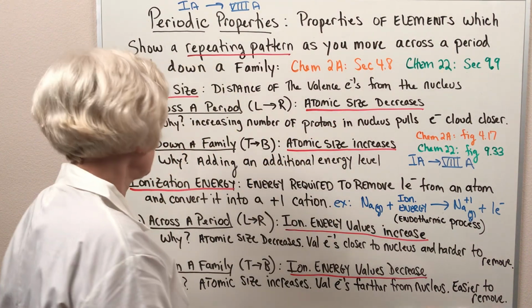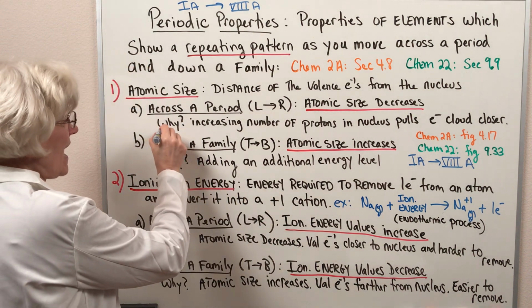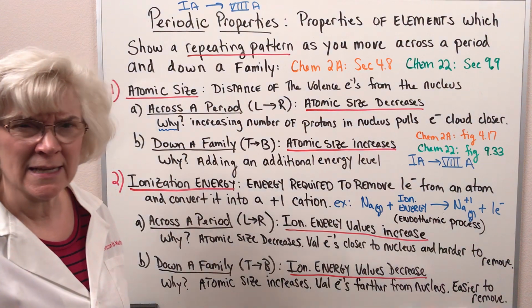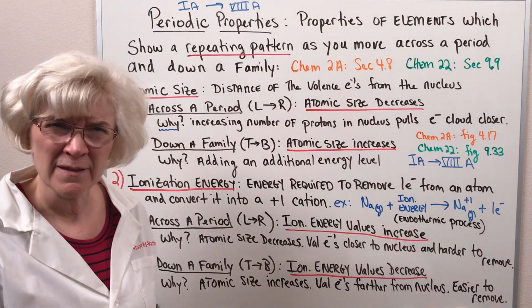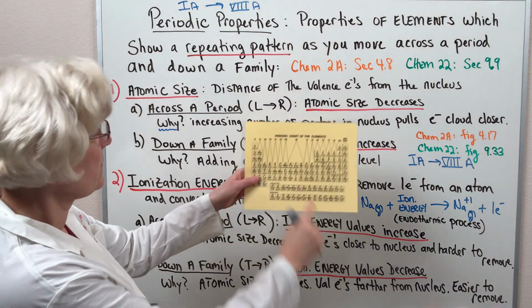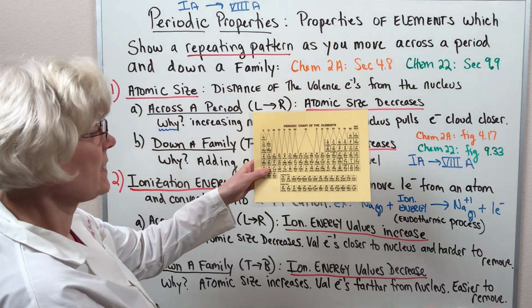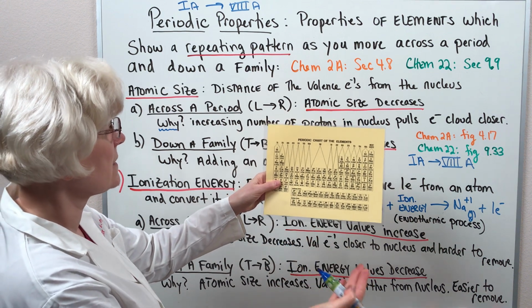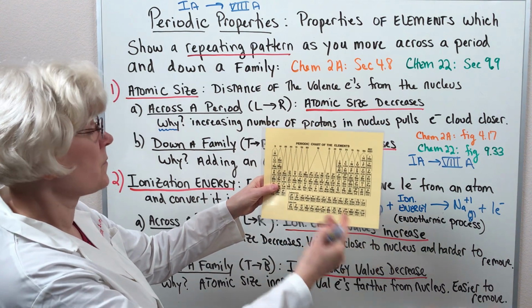The question is, why is that happening? And at first glance, it doesn't seem intuitive that size should get smaller. For example, if you look at lithium in period 2, 3 protons, 3 electrons, some neutrons as well.